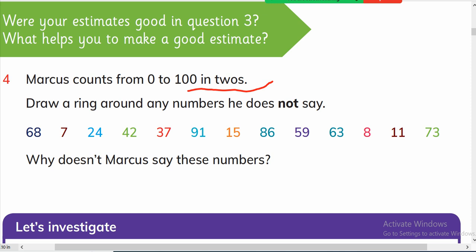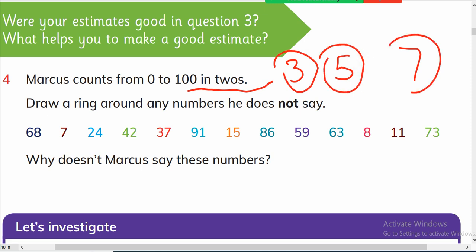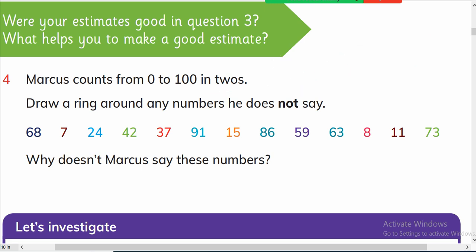Like counting in twos can be from 3, 5, 7. Here again they are counting in twos, but they are counting odd numbers. But when it is not mentioned, then it is definitely even numbers counting. I just told you that because in higher grades, it can be a question.